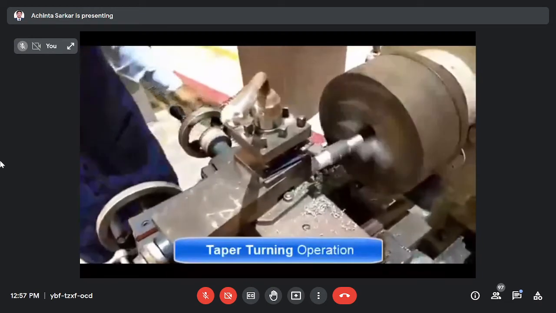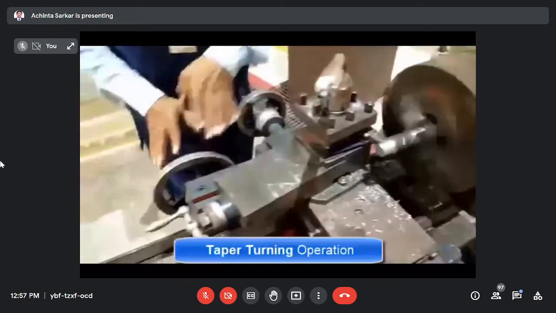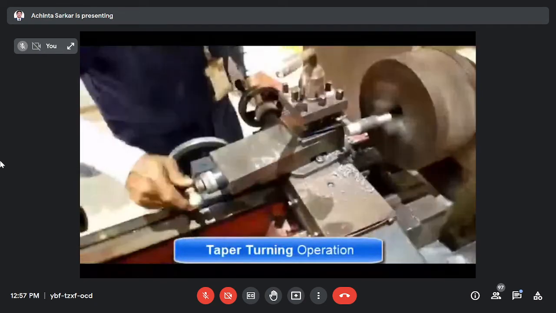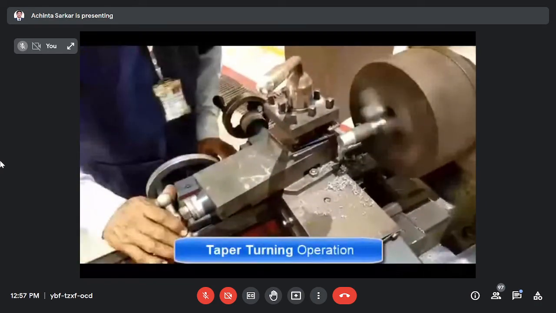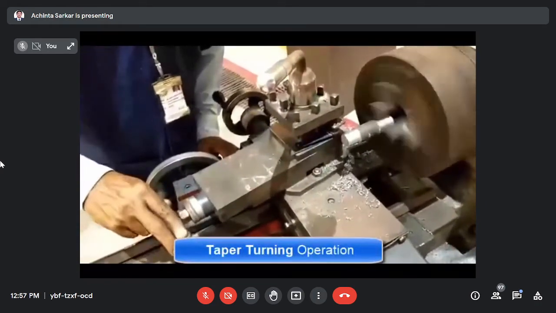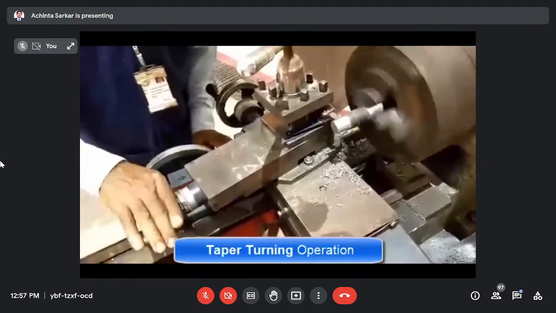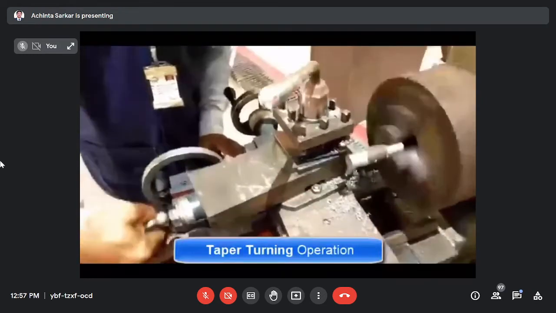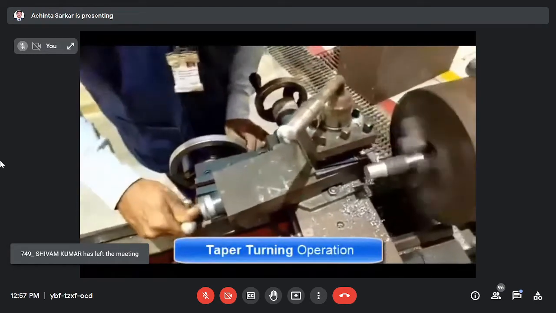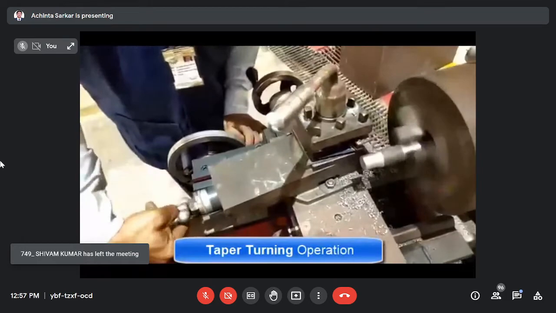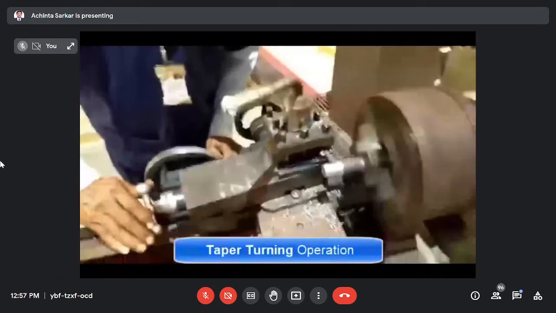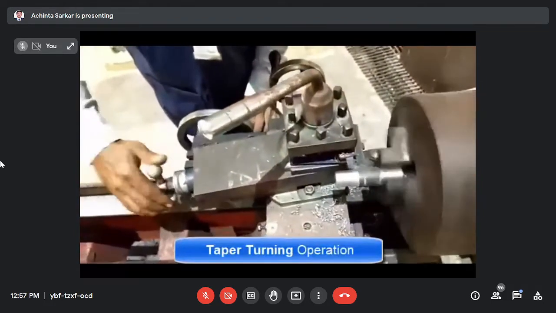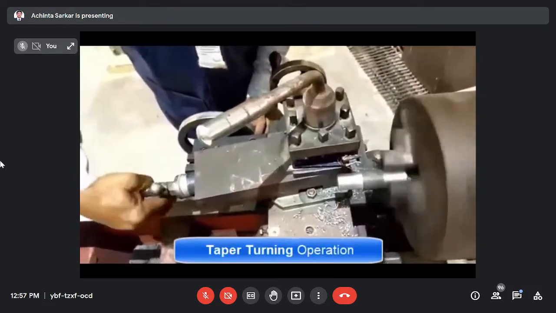Both the cross slide wheel and carriage wheel stay constant. Only you have to rotate the compound slide wheel. That means the path of the cutting tool will move angle-wise to the axis of the workpiece, so one side diameter will increase and the other will decrease. And see here, the diameter is gradually increasing, and this is called taper operation, which means producing a conical surface.